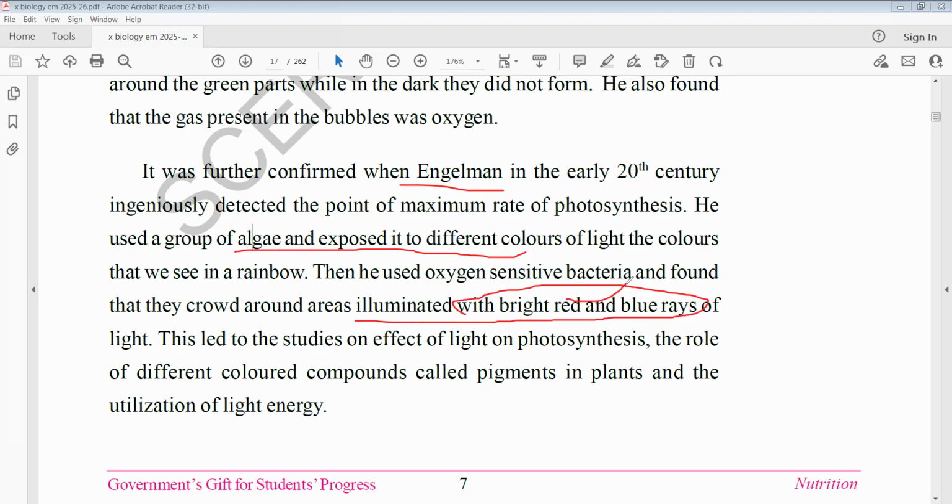He concluded that the algae crowded mainly in red and blue light. So you have to keep this in your mind.